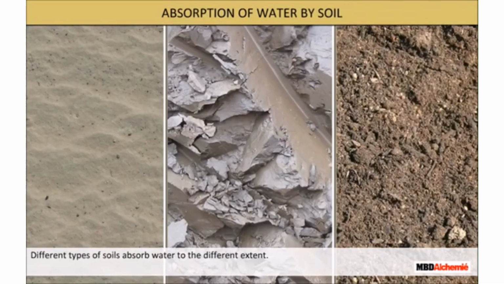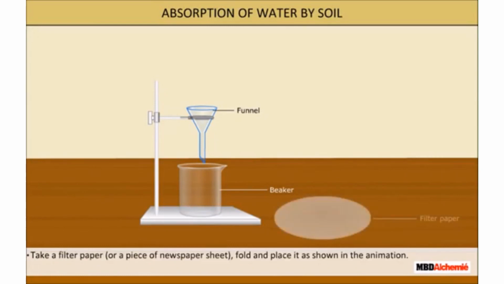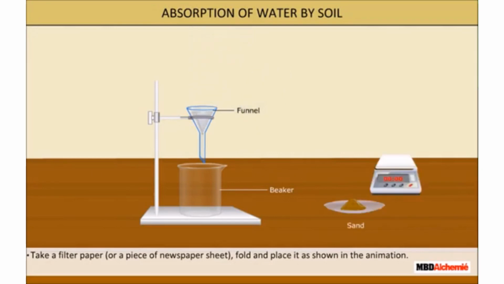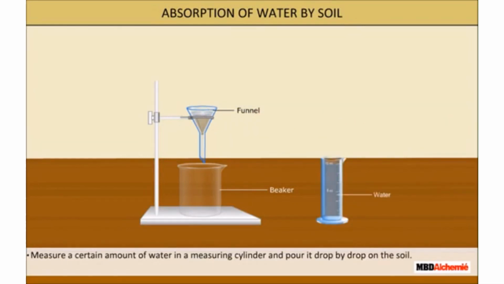Different types of soils absorb water to different extents. Let us do an activity to show this. Take a plastic funnel. Take a filter paper or a piece of newspaper sheet, fold and place it as shown here. Pour powdered soil into the funnel. Measure a certain amount of water in a measuring cylinder and pour it drop by drop on the soil.